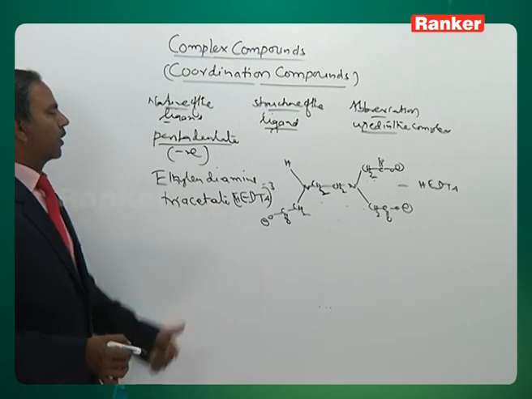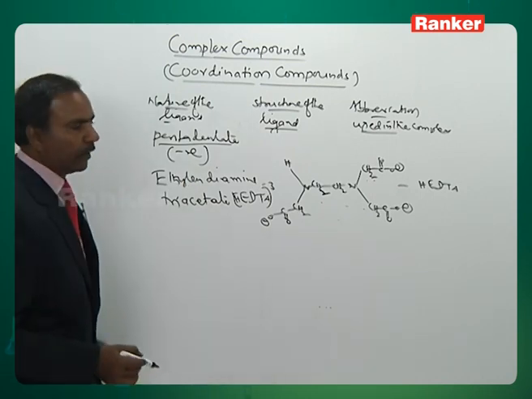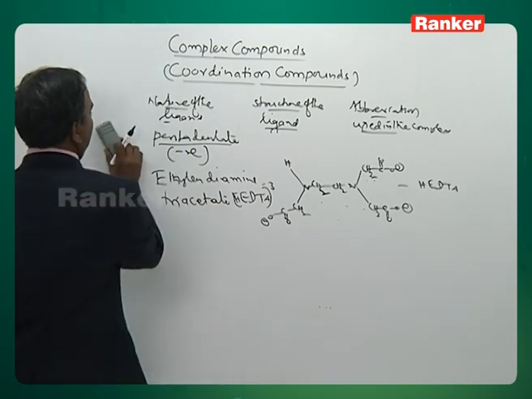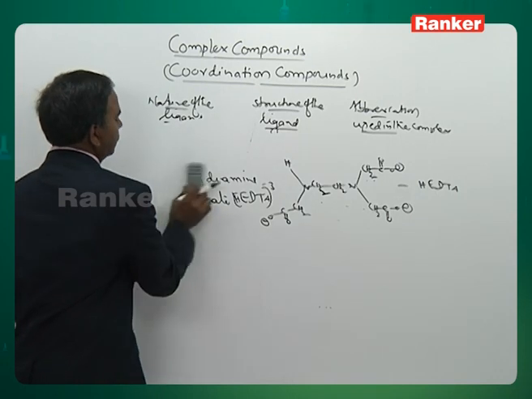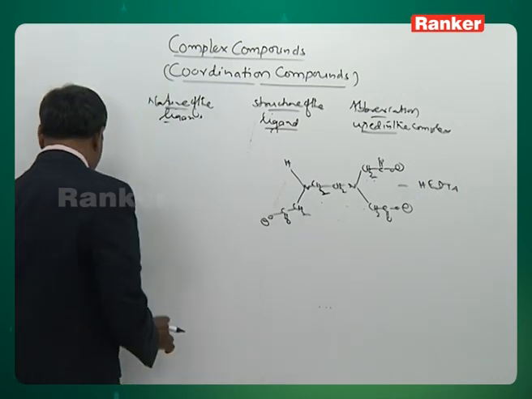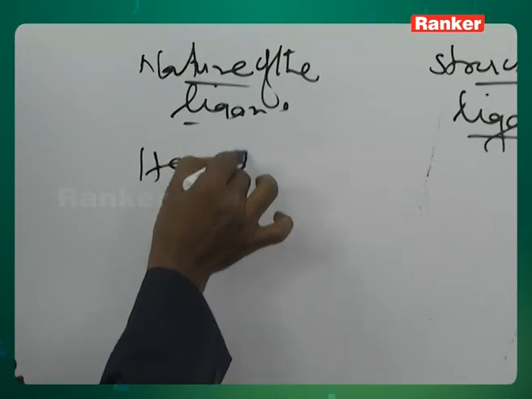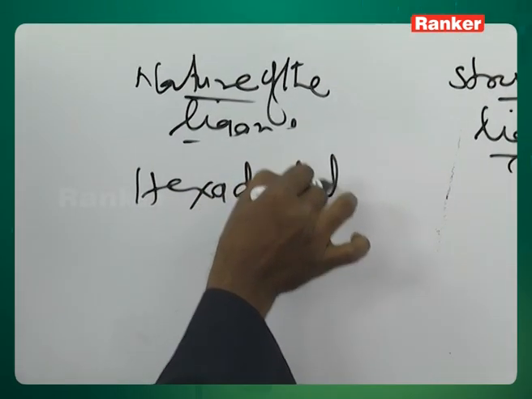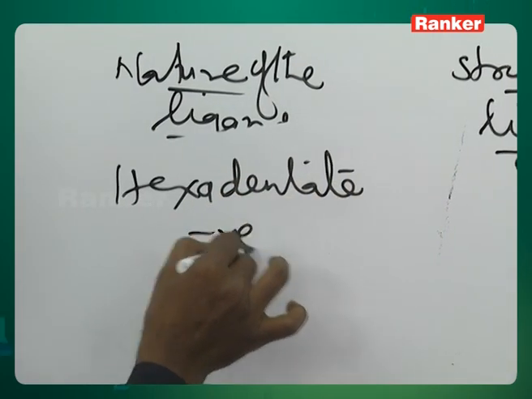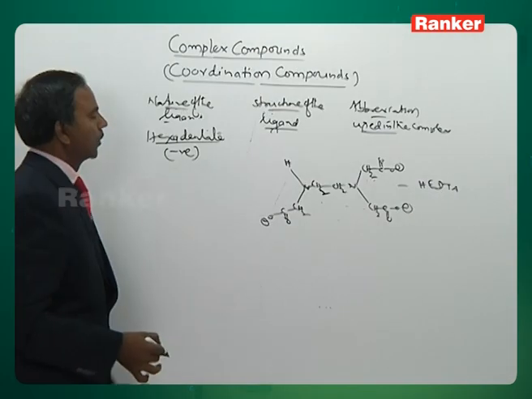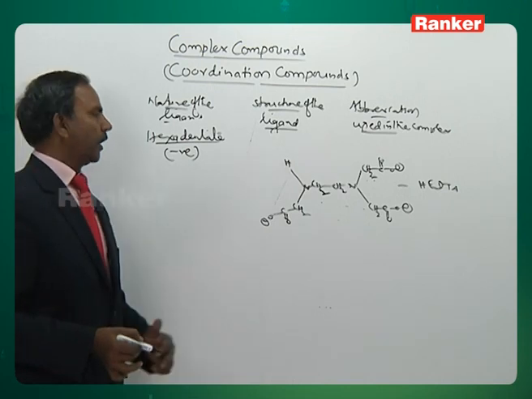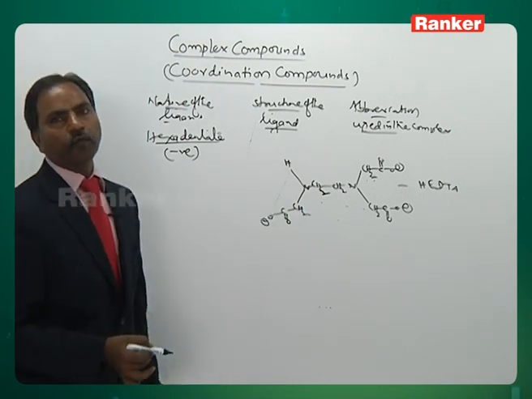Next, the last one, hexadentate negative ligand. It is more or less identical to pentadentate, but there will be 4 acetate groups.